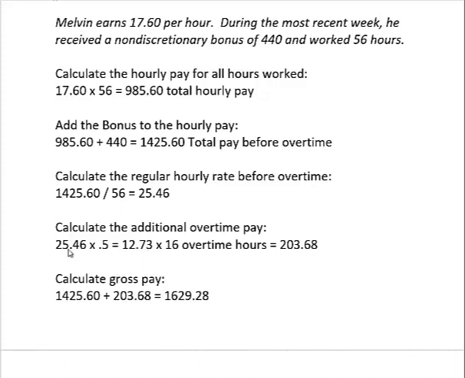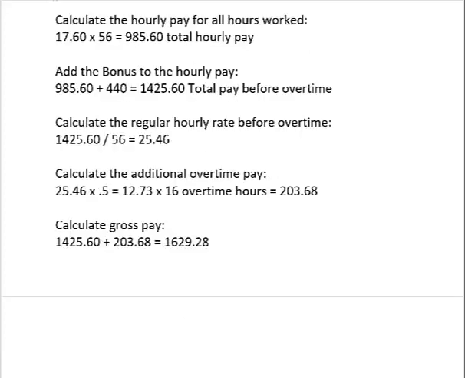So $25.46, his regular rate, times 1/2 is $12.73, times the 16 hours of overtime will give us $203.68. So his regular pay plus the commission plus his overtime earnings gives him a gross pay of $1629.28.